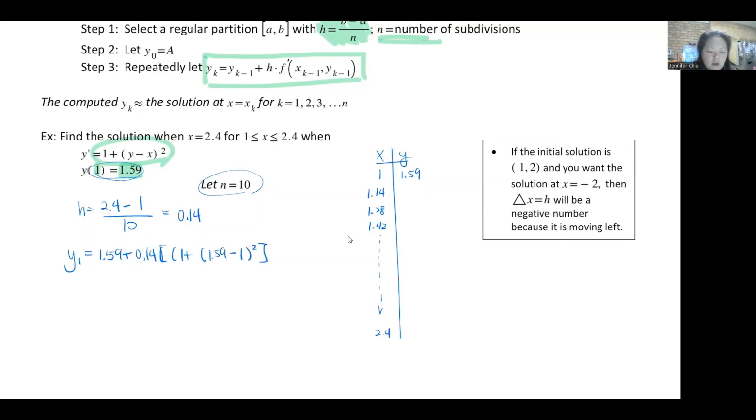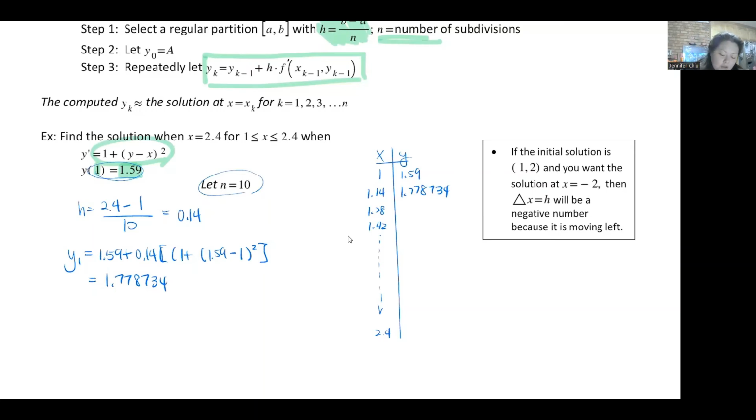And again, this is all calculator work, so we really don't expect you to do this by hand. So 0.59 squared, close parentheses. I get my first y value to be 1.778734. It's a lot of decimals, but of course, the more decimals you keep, the more accuracy you have. The golden rule is to keep 3 decimal places.